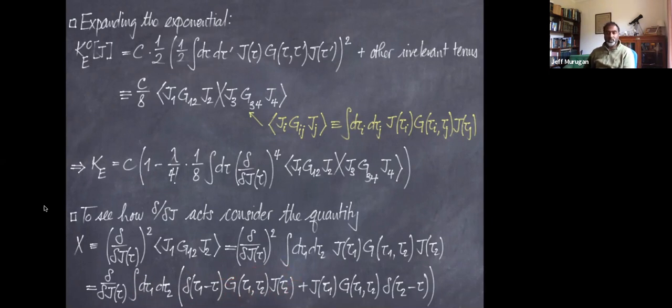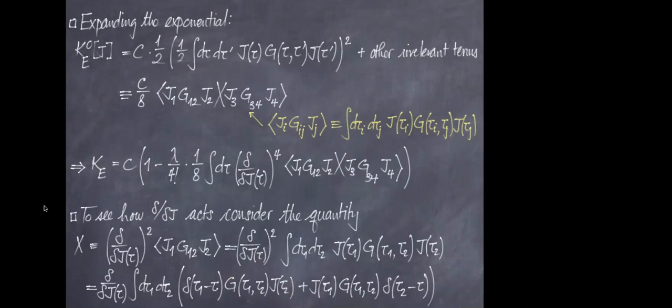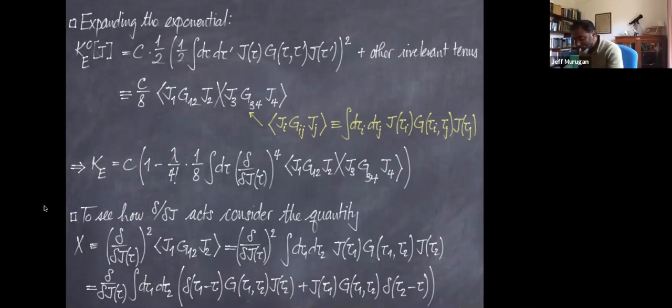Once I do the tau 1 integral, so when I integrate out tau 1, what's left is going to be just things involving tau and tau 2. Is that clear? Okay. And similarly, in the second integral, I replace everywhere I see a tau 2 with a tau.